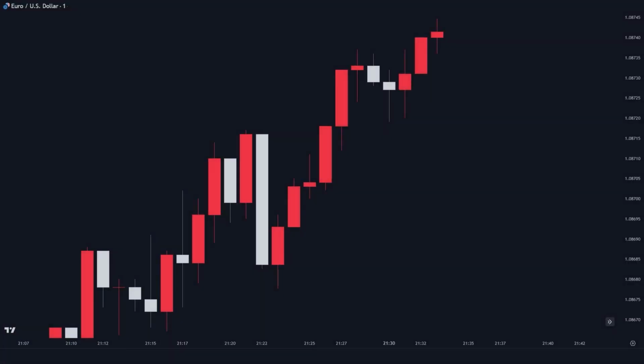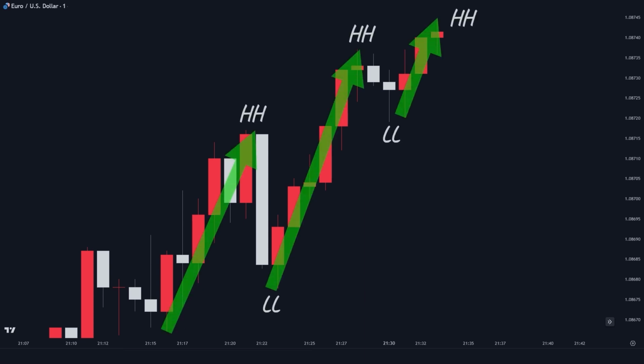For example, look at this chart. If we apply the concepts of market structure, we would have 3 impulsive moves like this. All of them have created a new high, so breaking below the source of each one is considered a change of character. But look at the size of the third impulse. It's barely even half of the previous move.